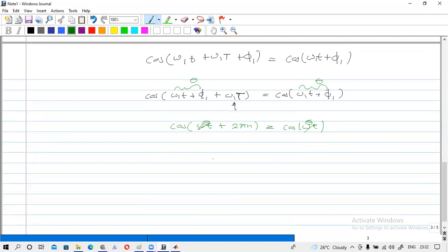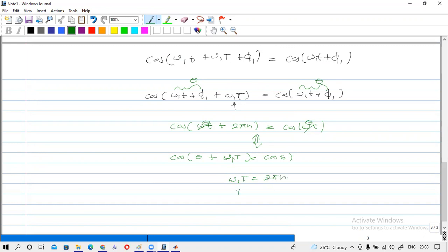So you can see that cos(θ + ω1 T) is equal to cos θ. Please compare this equation and this equation. Then you can see that this condition is satisfied if ω1 T is equal to 2πn.